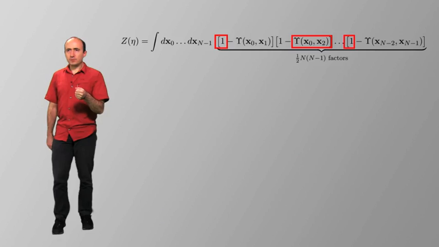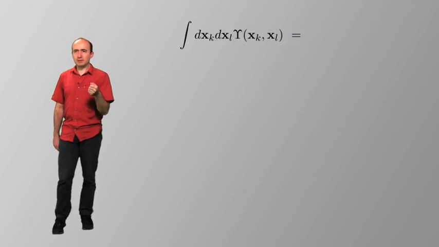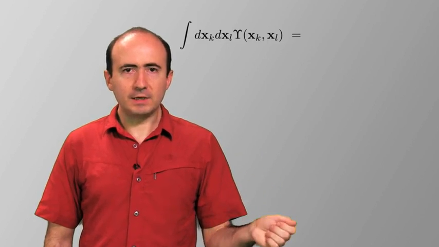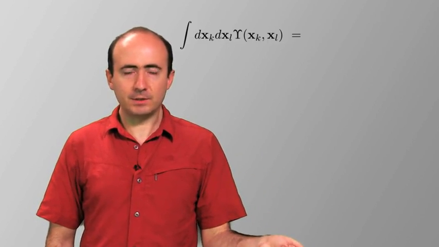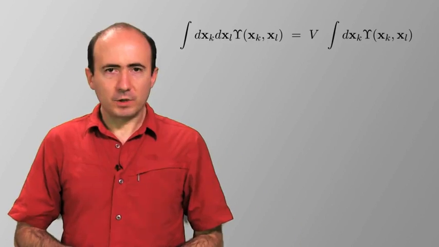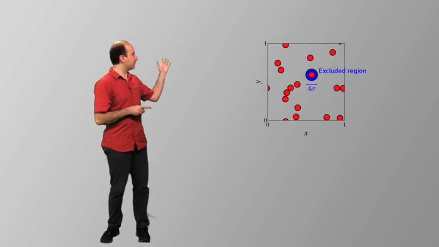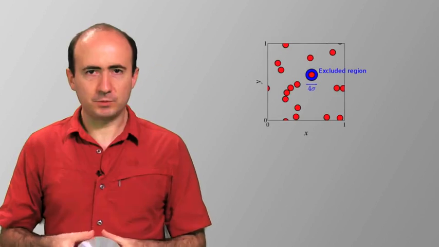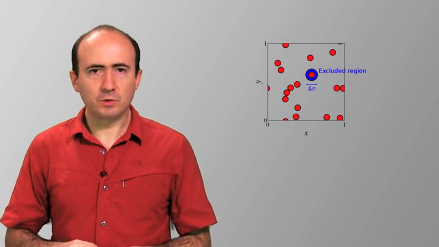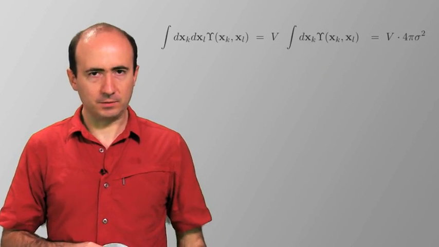Doing so, you obtain a four-dimensional integral, which is displayed here. Thanks to the invariance by translation and the periodic boundary conditions, it reduces to v times a two-dimensional integral. We observe, as displayed on this figure, that the excluded region corresponds to a disk of radius 2 sigma. This allows us to compute the integral as follows.